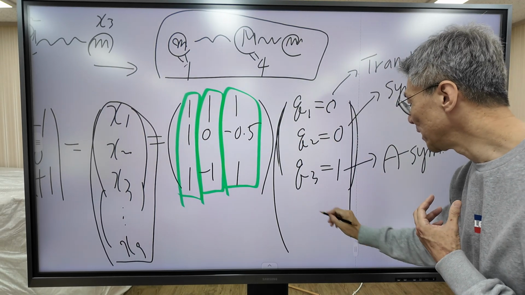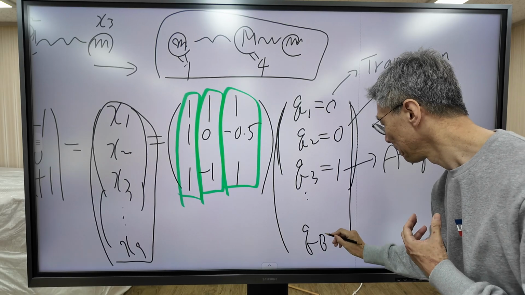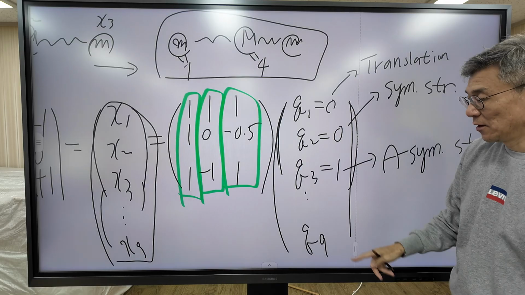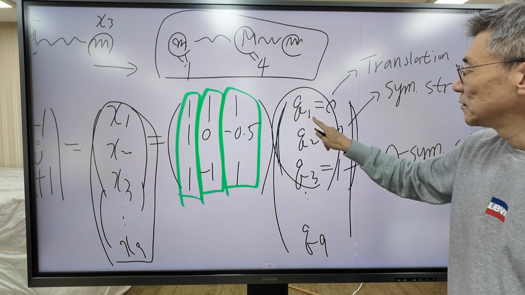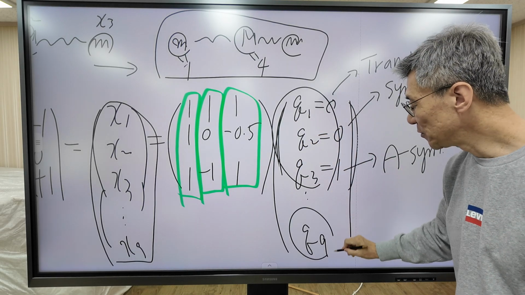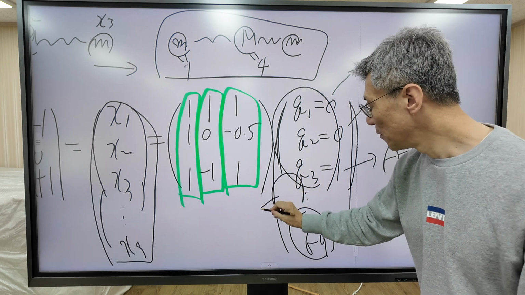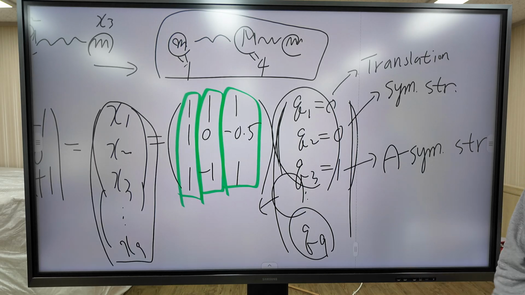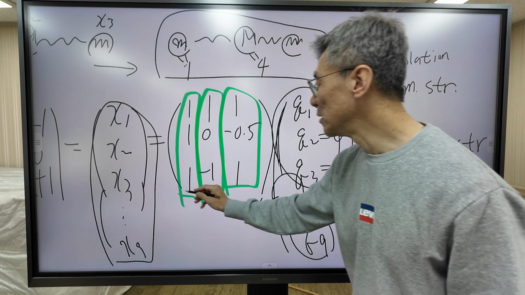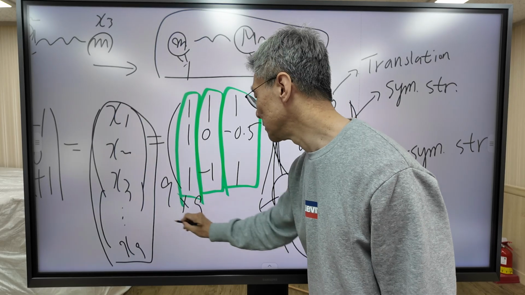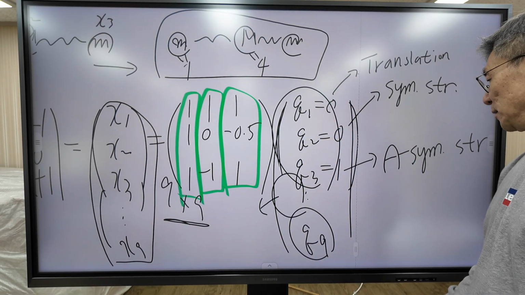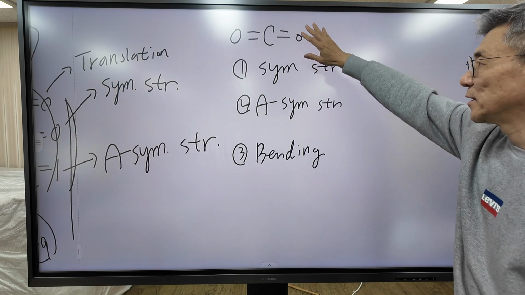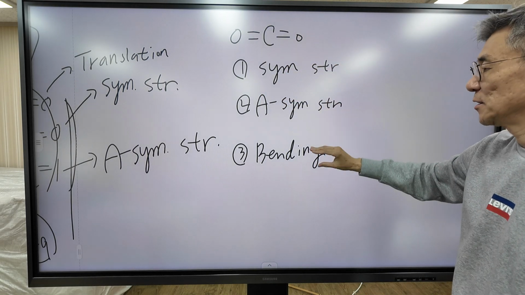So 9 coordinates will be returned, and 3 of them are translational coordinates, 2 of them are rotational coordinates, and 4 correspond to symmetric stretching, asymmetric stretching, and the bending mode, which will occur. So a 9 by 9 matrix will be obtained. Anyway, carbon dioxide has symmetric stretching, asymmetric stretching, and bending modes.